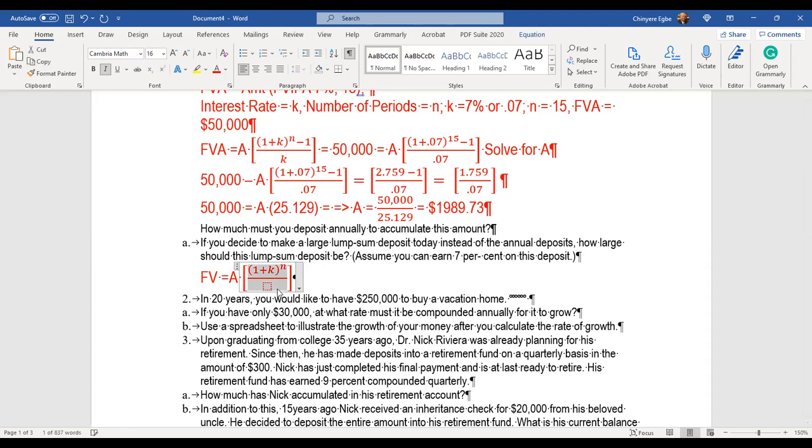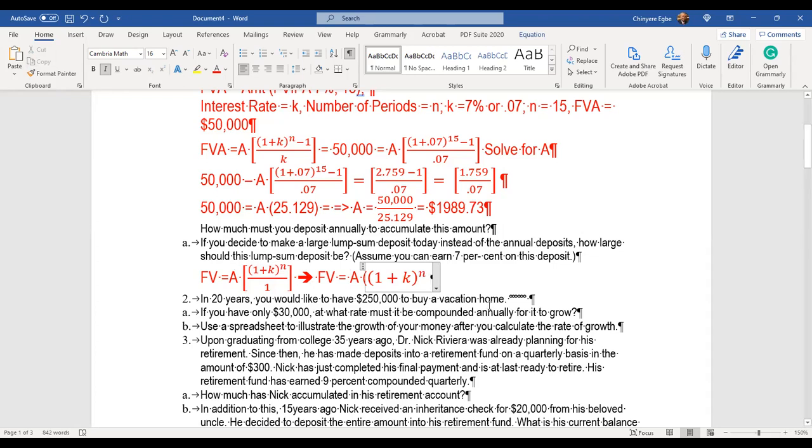And so this is going to be divided by 1. Or quite simply, the future value that you will accumulate will be equal to a lump sum amount times one plus k to the power n.